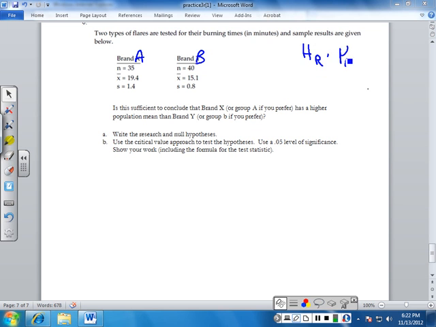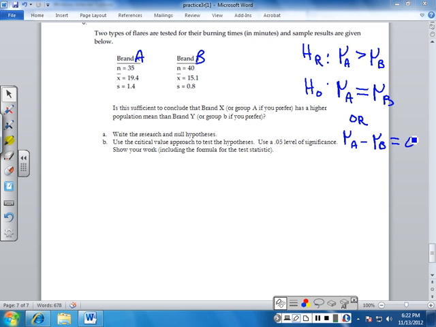So we know if brand A has a higher population mean than brand B, so HA: mu A greater than mu B, and H0: mu A equal to mu B, or mu A minus mu B equal to 0.